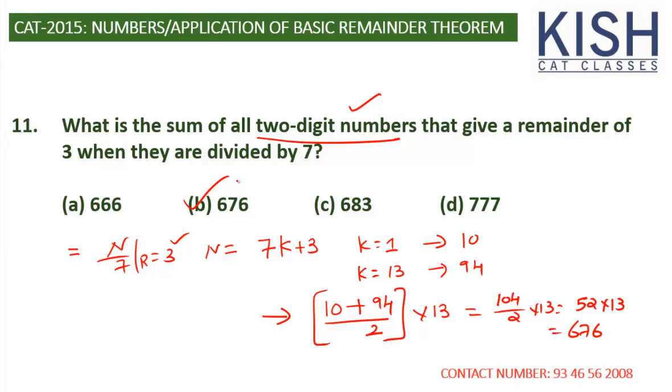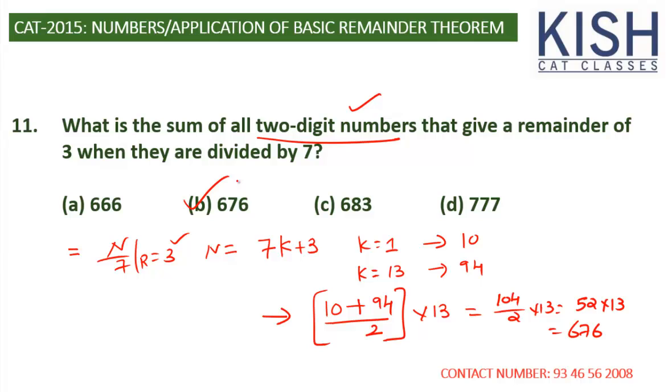Look, we have solved 11 questions. Not all of them are difficult, but some of them will definitely teach you a very good concept. To solve these 11 questions, we don't really need a good understanding of every single concept, or a good understanding of the basic remainder theorem.